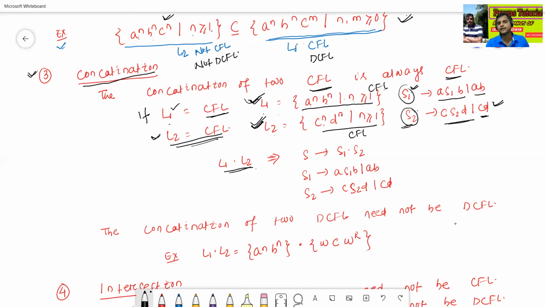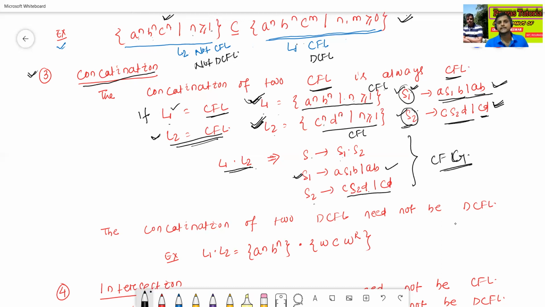L1 dot L2 is nothing but S1 dot S2, where S1 equals a S1 b or ab, and S2 equals c S2 d or cd. This is nothing but a context-free grammar, CFG, which means CFL.